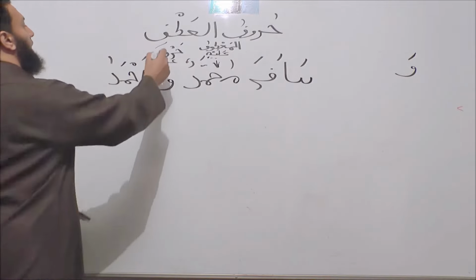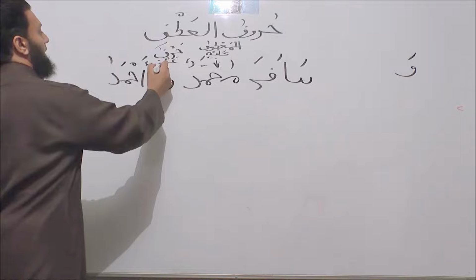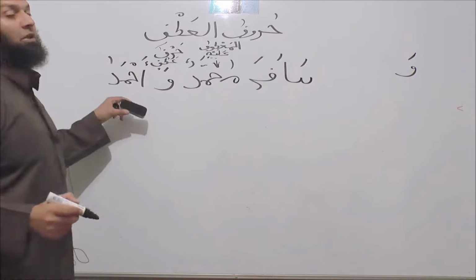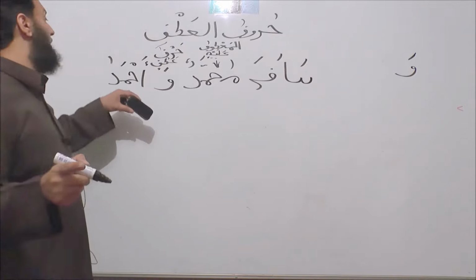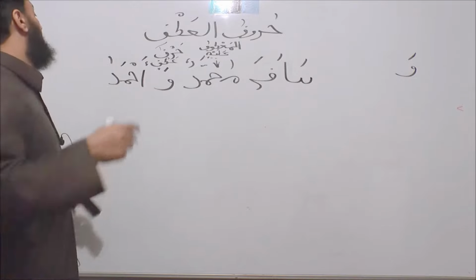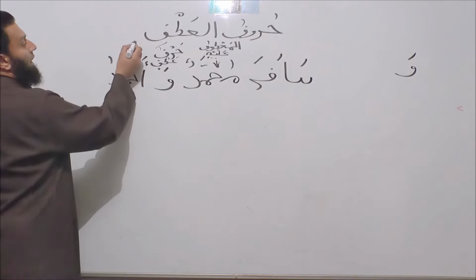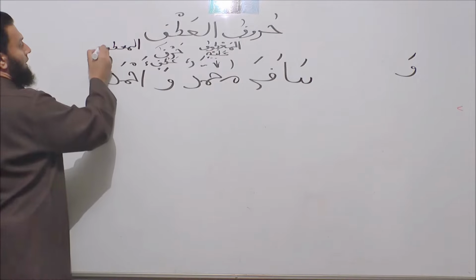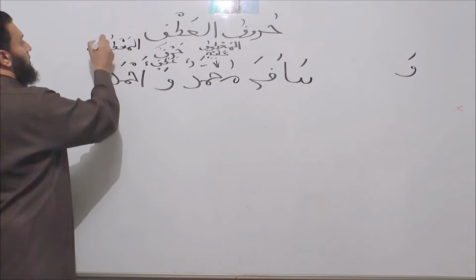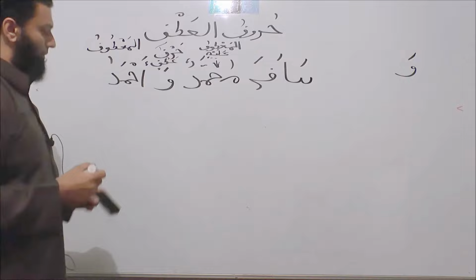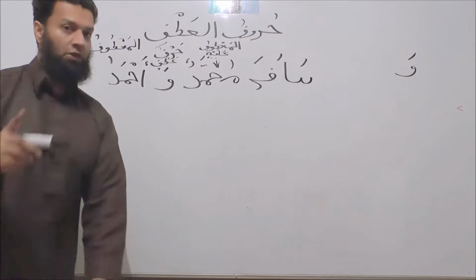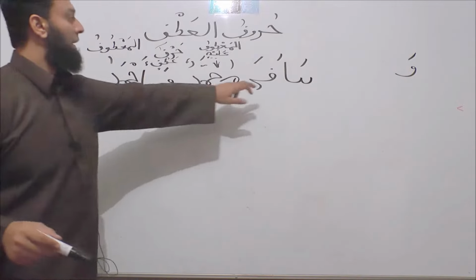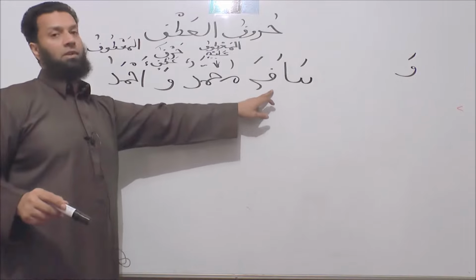Waw is a harfu atfin. Okay? And Ahmadu, the name for this particular ismun, is al-ma'tufu. Right? So, we have the fi'lun madin, safara.